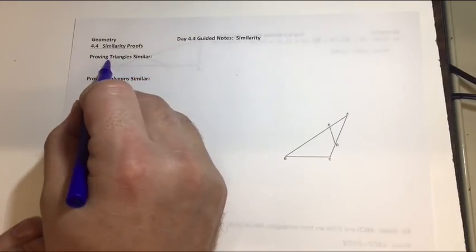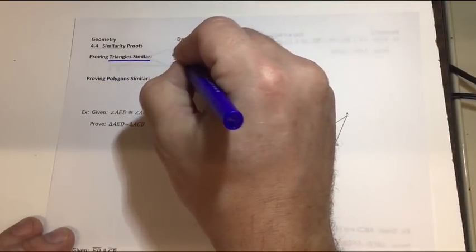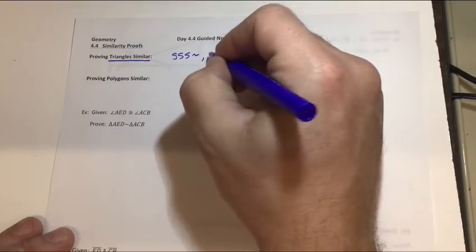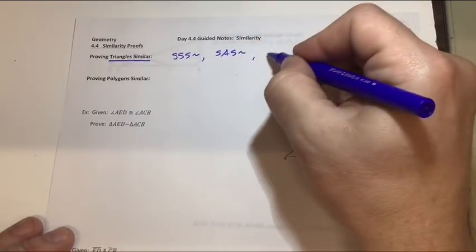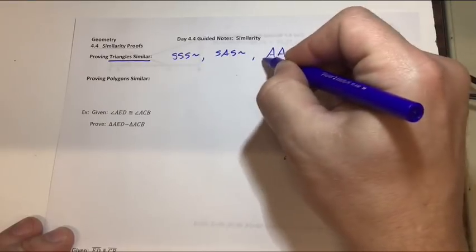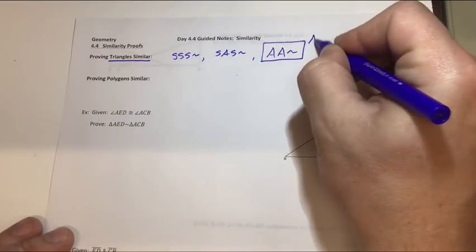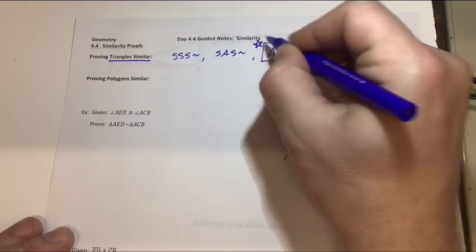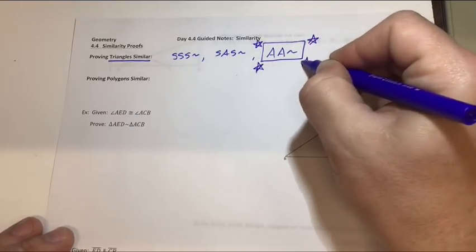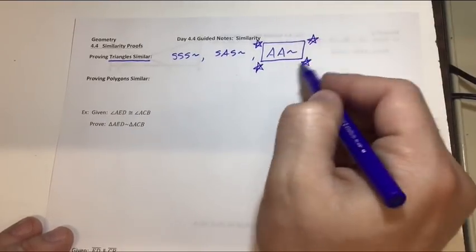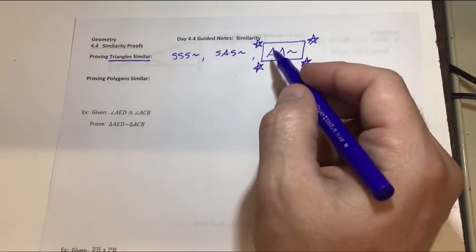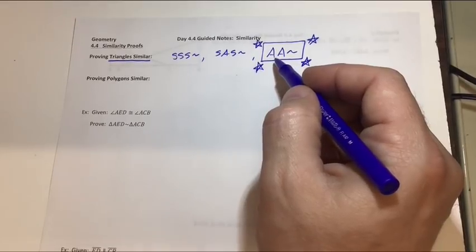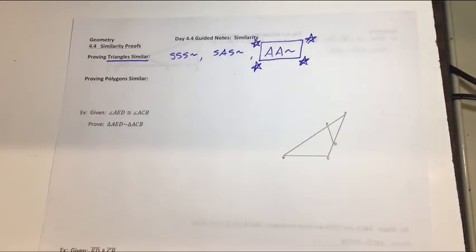So when we are trying to prove that triangles are similar, we're going to use things like side-side similarity, side-angle-side similarity, but mainly we are going to be using angle-angle similarity because that is the easiest method because I only have to show two things. And I don't have to worry about using equations like proportions to show anything about sides. So to do a proof, we're really going to try and make sure we can always just use angle-angle similarity.